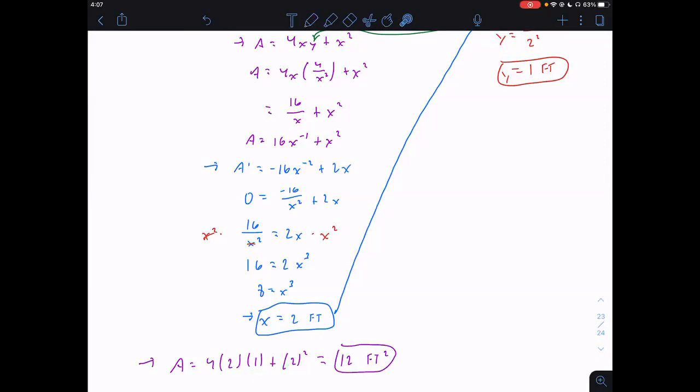Right, 8 plus 4 gives us 12 feet squared of material to make this open top box. Okay, and that concludes this section of optimizing problems here.